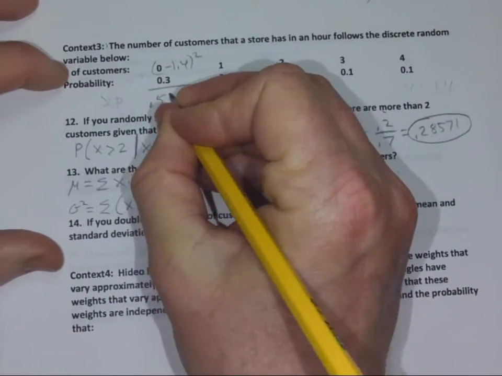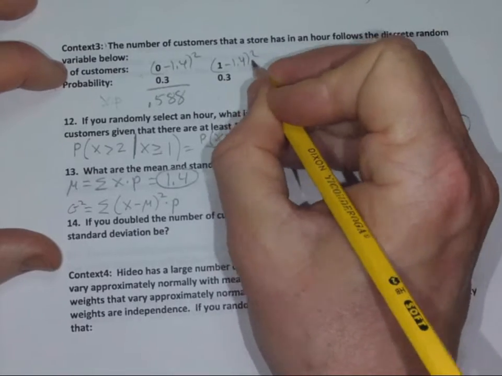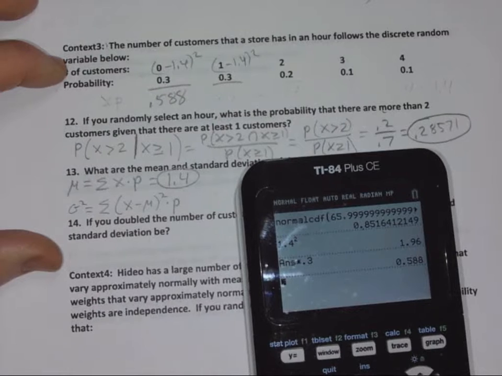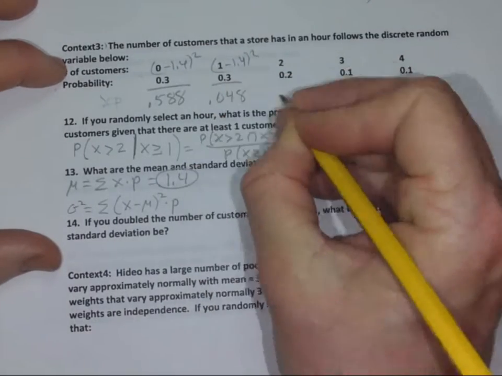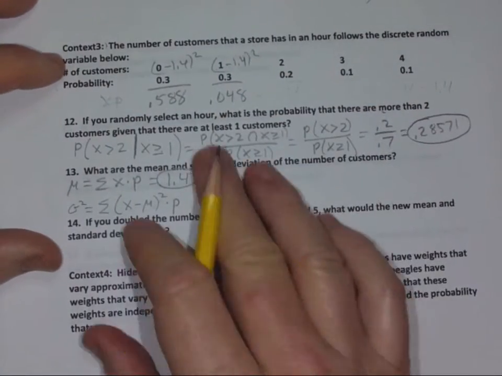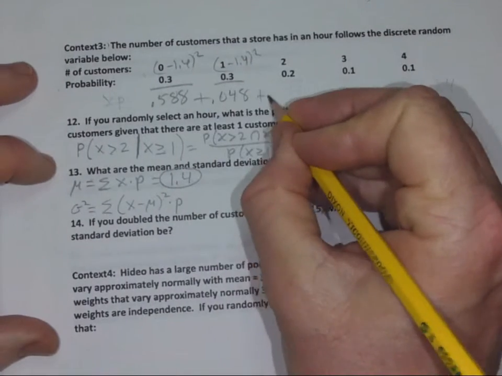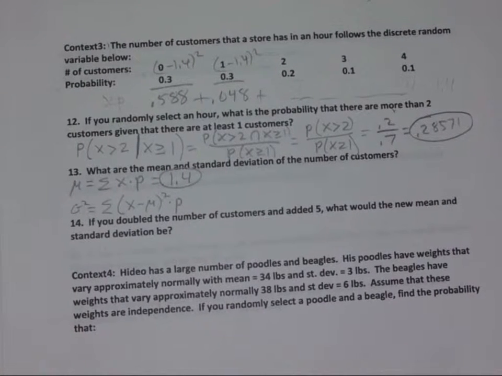Then you do the same here: 1 minus 1.4 squared, which is negative 0.4 squared, so 0.4 squared, and then times 0.3, and that would be 0.048. You would continue to do that for all of these. It's a bit tedious, it's not hard, and you add them up, and that would give you the variance. Then you take the square root of that, and it gives you the standard deviation.